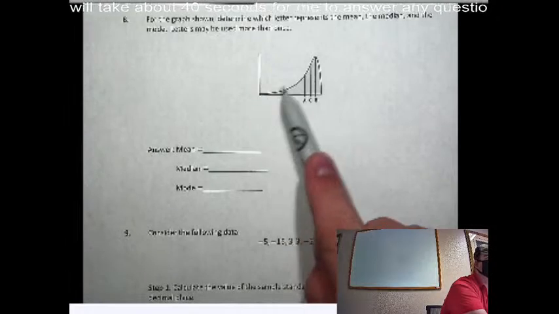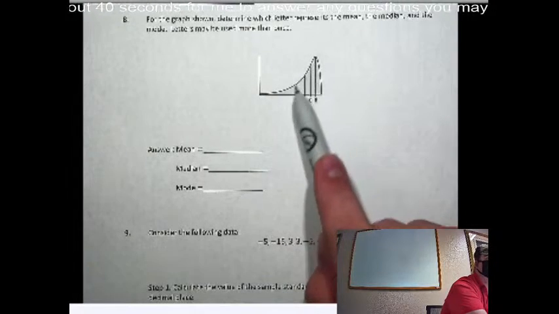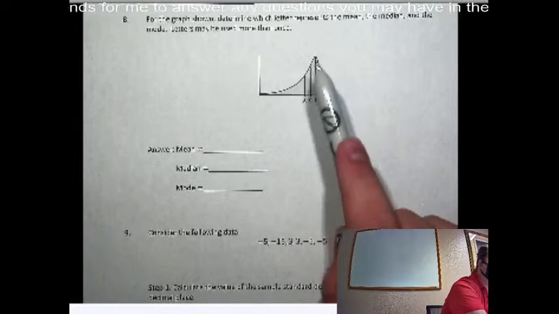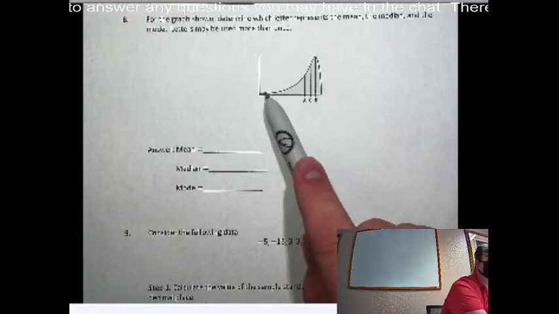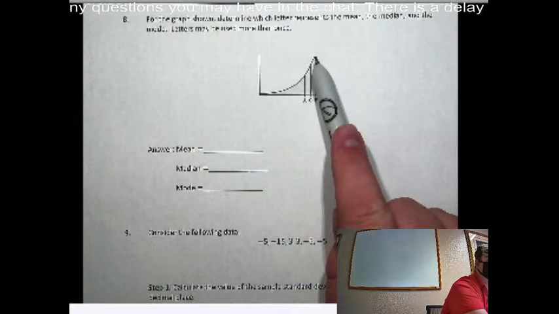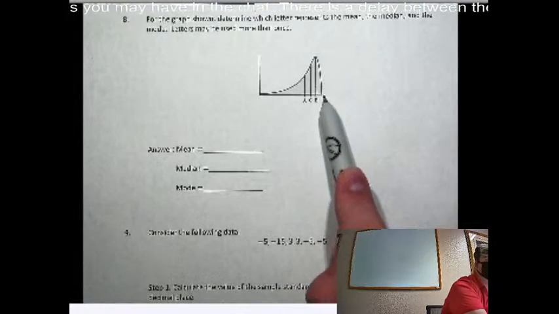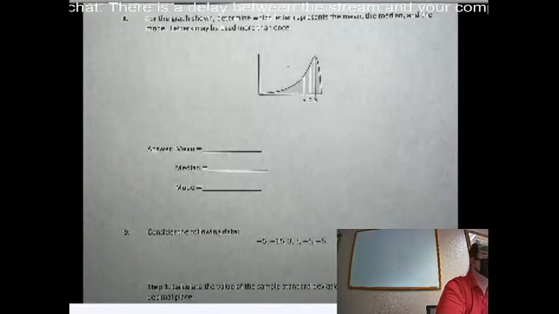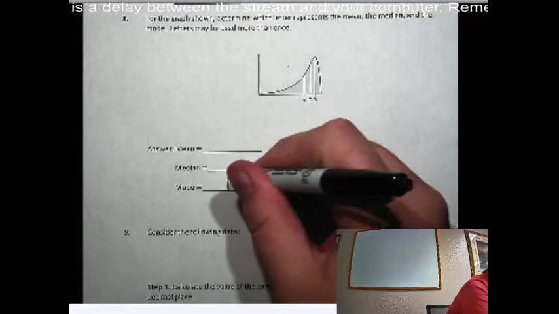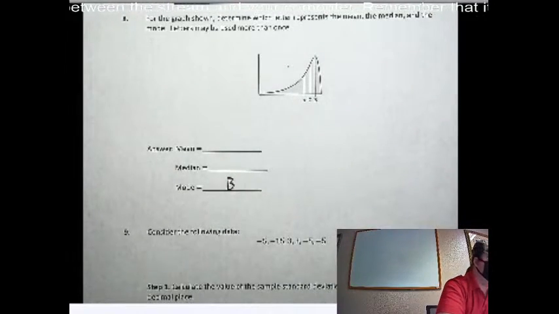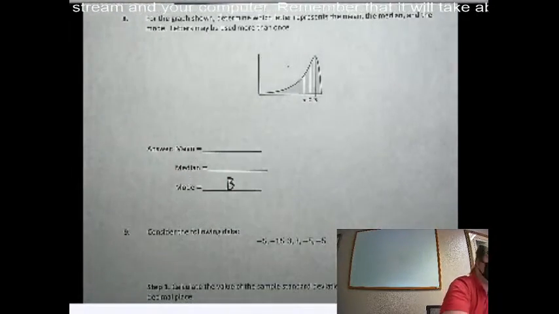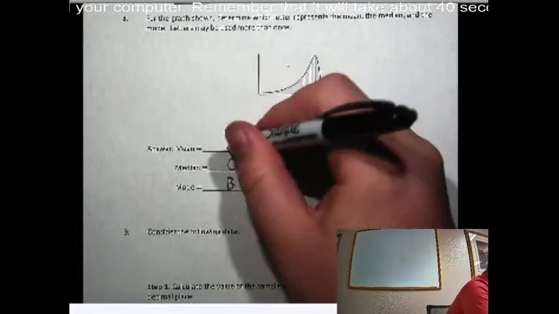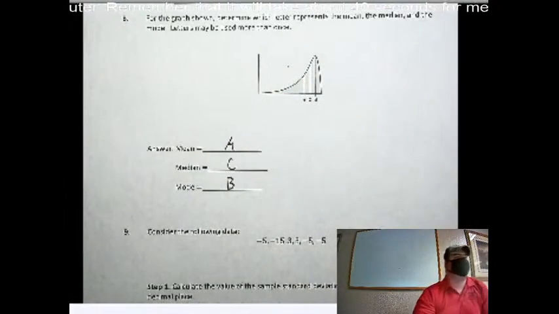As this increases, we have a number that is more and more frequent. These numbers over here aren't very frequent. These numbers over here are very frequent. In other words, they occur a lot. So that would mean that B is which one? Okay, so now median is which one? Yep. And A is the mean. Good. Very good.